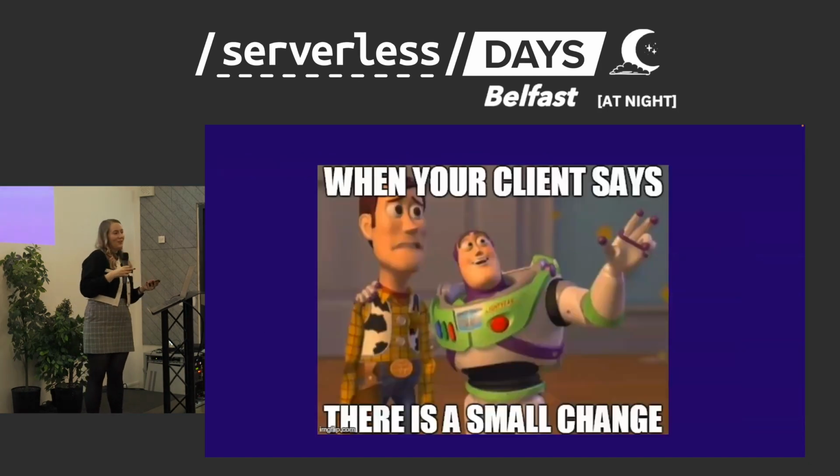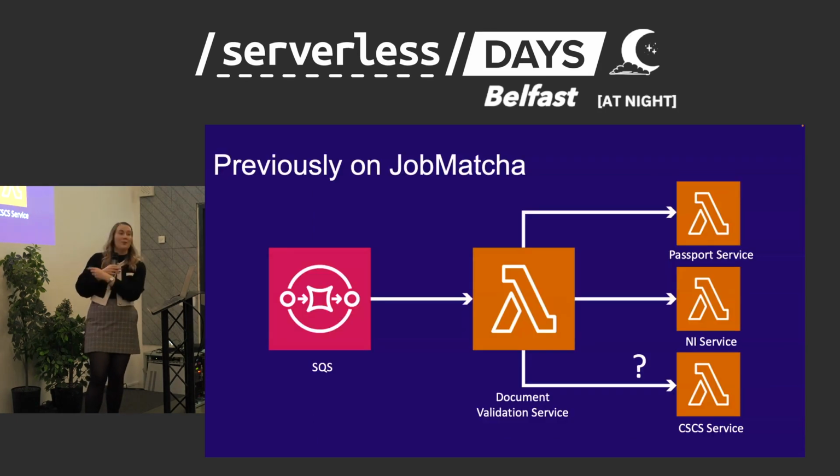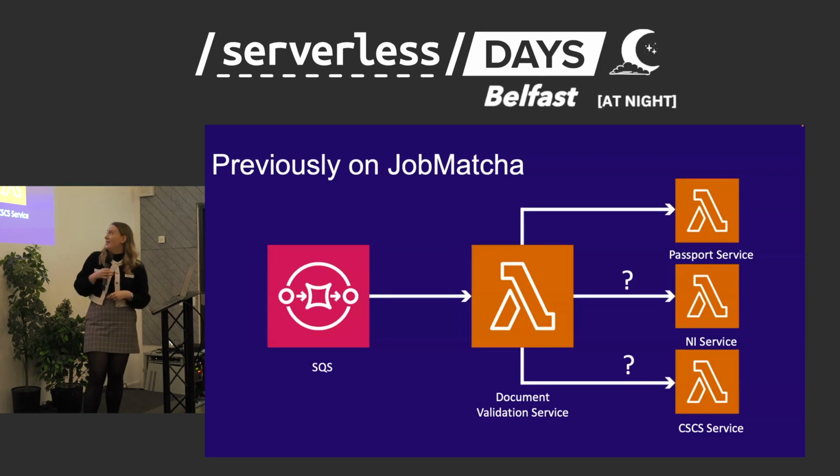But when you have a live system, it's always going to grow, it's always going to change, and client requirements always do change. The CSCS card was the first to become optional. We would have workers who were trainees and they wouldn't have that document. Then national insurance number image upload also became optional.